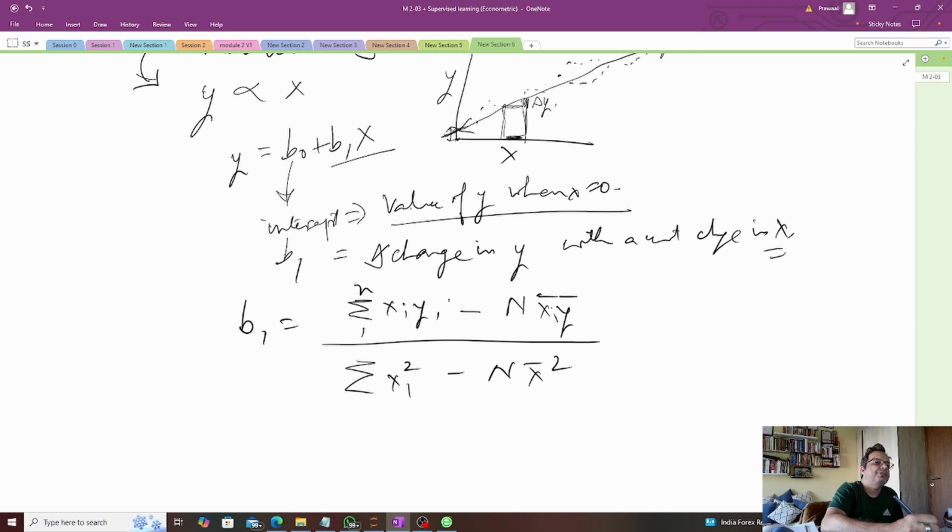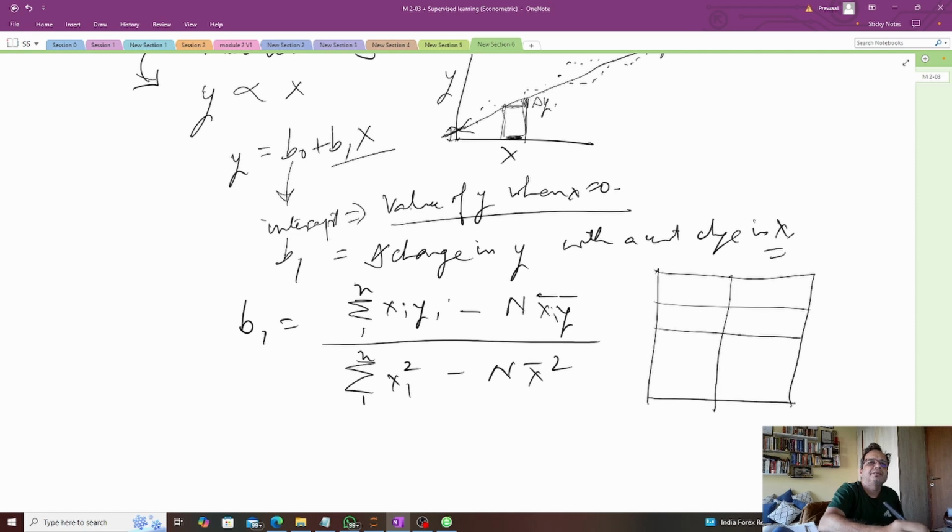So what you do is you multiply all the x and y values that you have been given. Let's suppose in the exam you have been given a table, and since this is a single variable expression, all you need is y and the corresponding values of x.